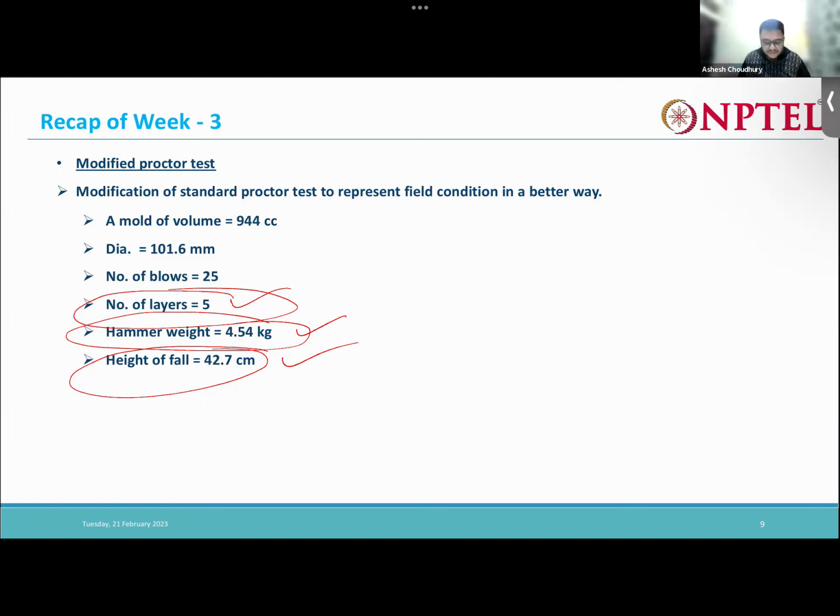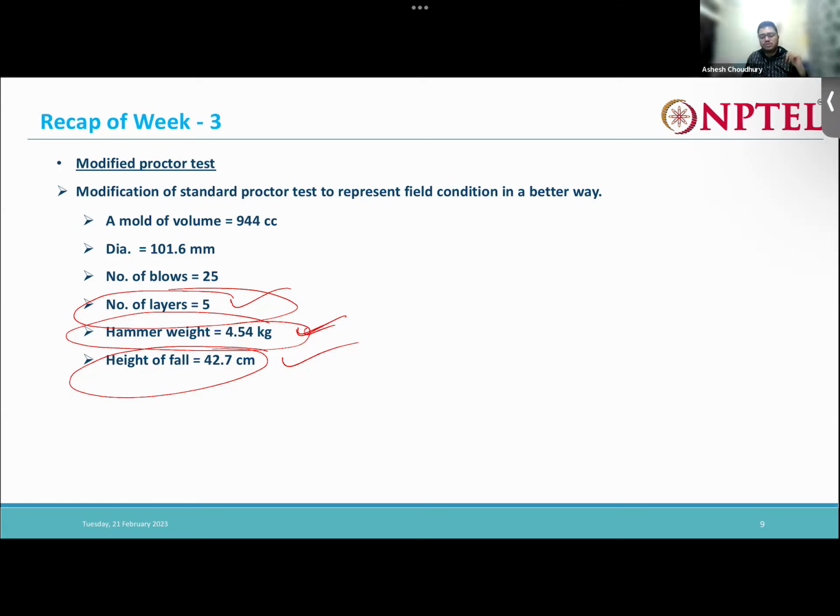The main thing using which you're occupying more soil into that same volume is that you are using a hammer of higher weight, higher energy, and also you have increased the height of free fall. Before it was around 30 centimeters and 2.5 kgs. Now you increase the weight of the hammer to 4.5 kgs and the height of fall to more than 40 centimeters.